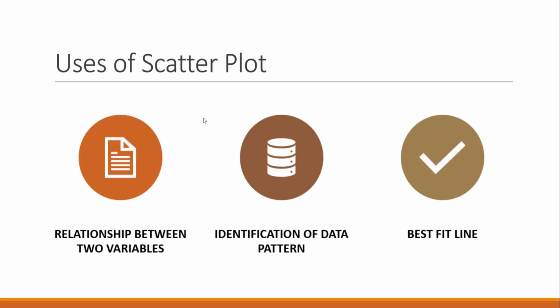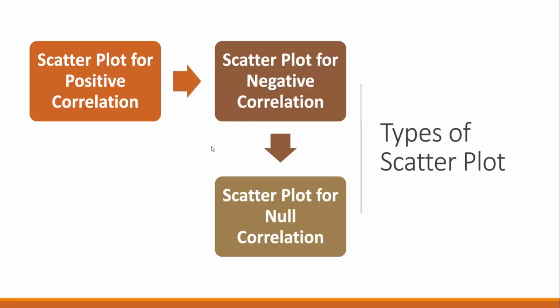And by using a scatter plot, we can draw a best fit line that is used for further prediction of a new data value. So with this, we know that a scatter plot helps in the observation of a relationship between two variables, and correlation is the term used to describe this relationship. Now we will see the different types of scatter plot available on the basis of correlation.